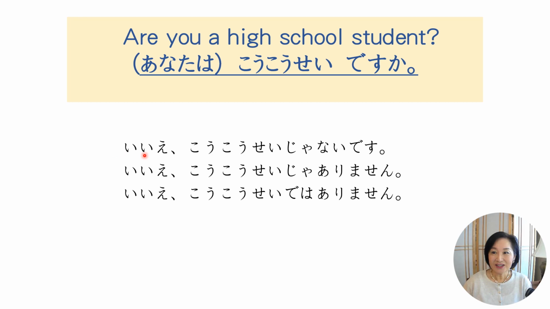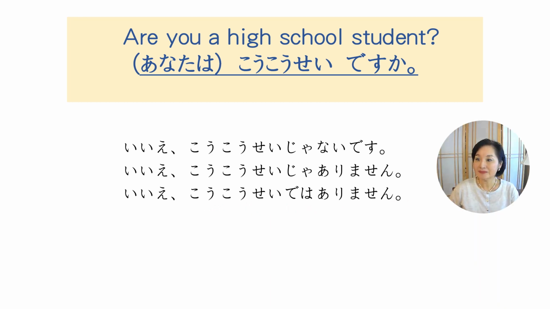いいえ、高校生じゃないです。いいえ、高校生じゃありません。Or you can say いいえ、高校生ではありません。Let me show you how to pronounce this sentence more naturally. So this sentence, いいえ、高校生じゃないです。You put the pause between じゃ and ない rather than between 高校生 and じゃ.